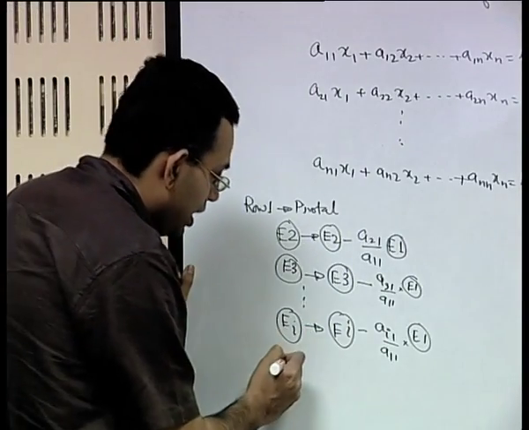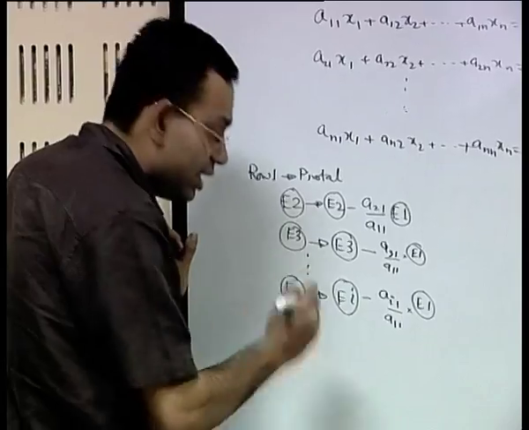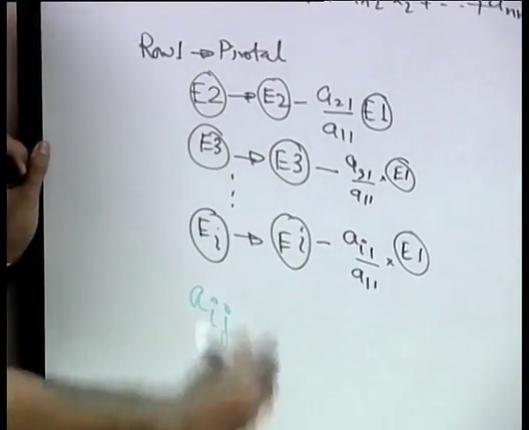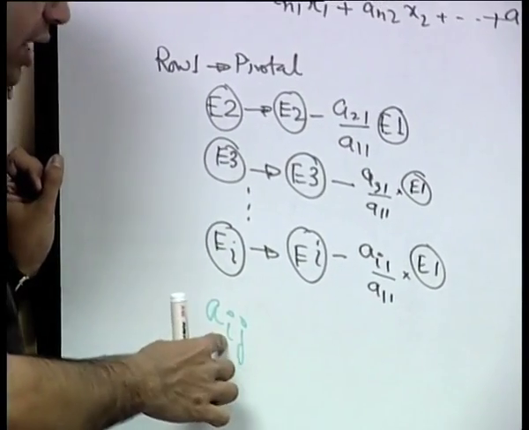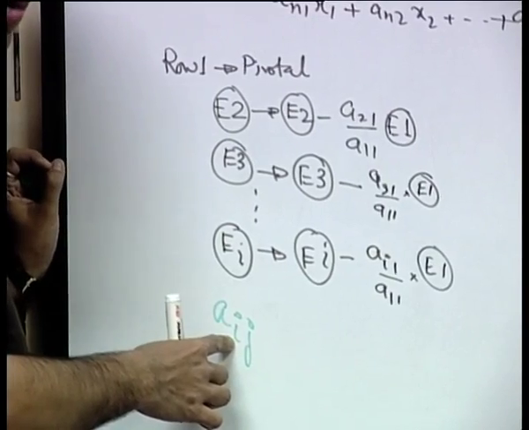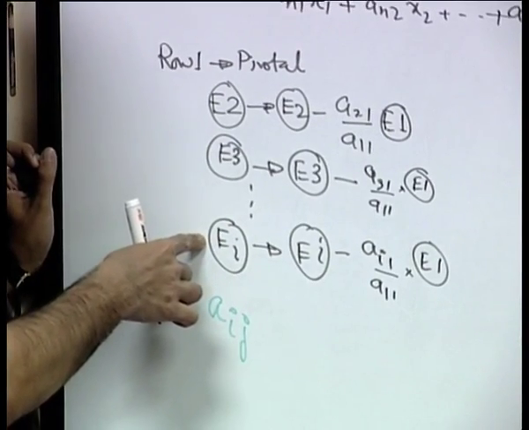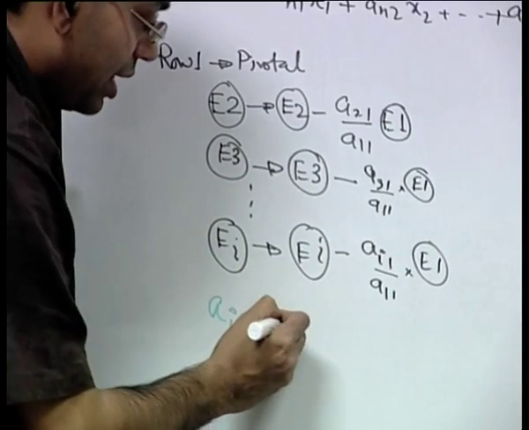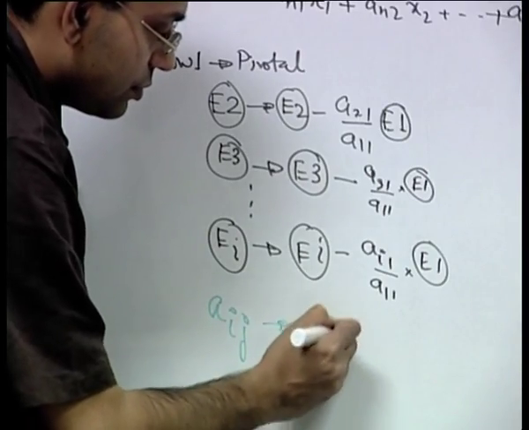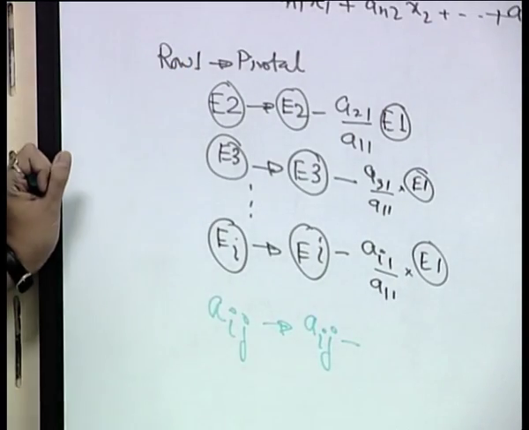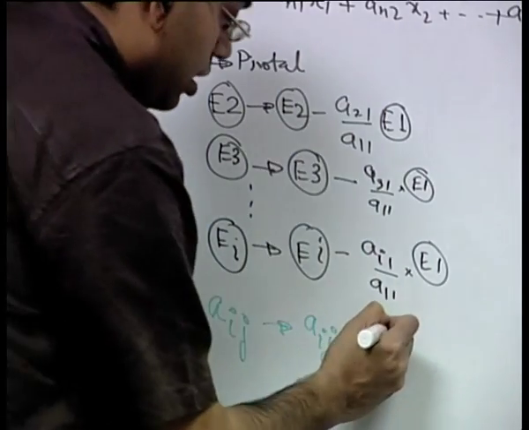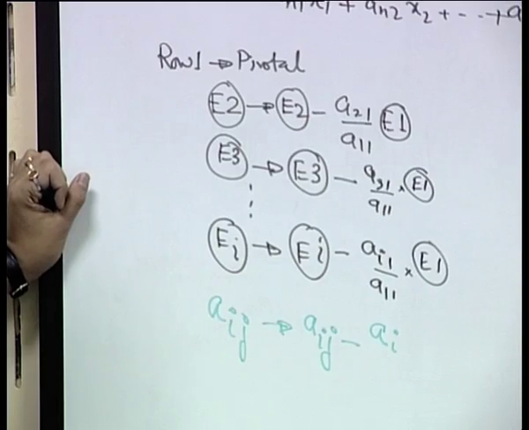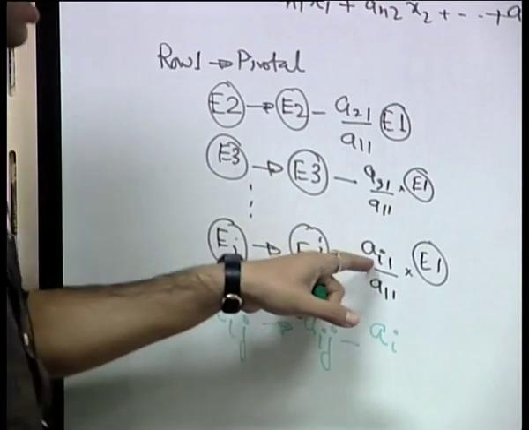So, in place of Ei, if you write it as Ai, then subscript j. So, Ai is the first subscript for the row, for the ith row, ith equation, and the jth column, that will be Aij minus, this is Ai1.